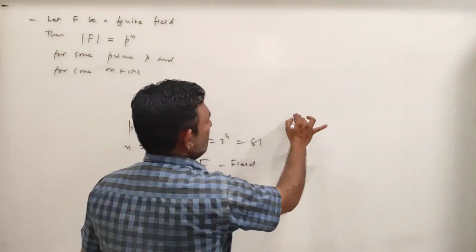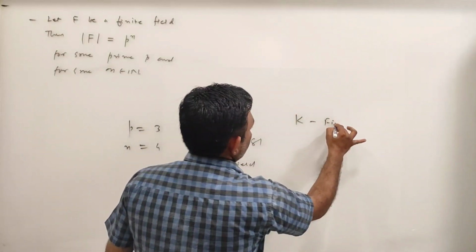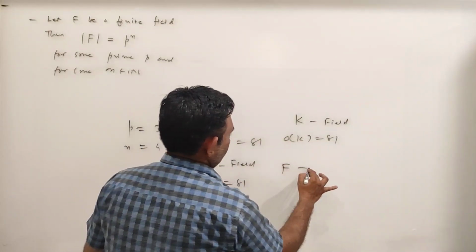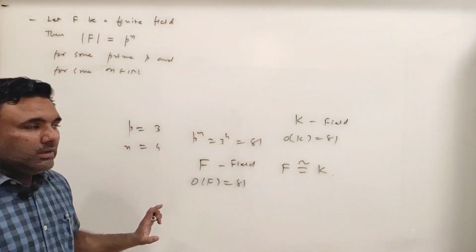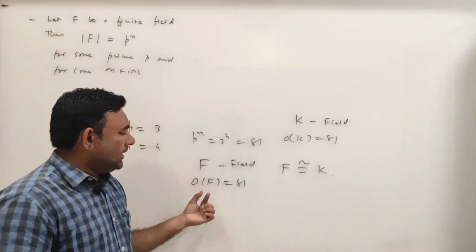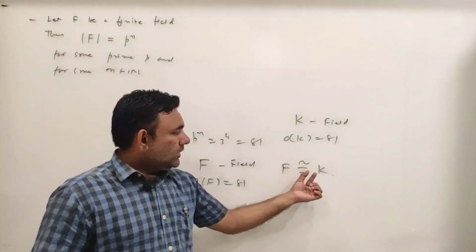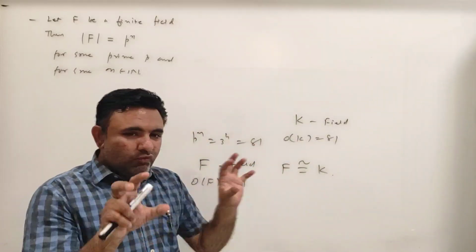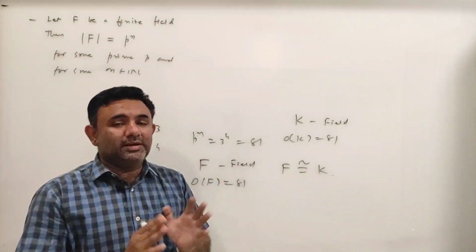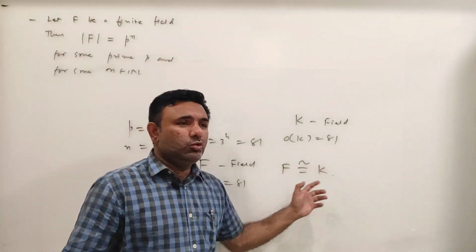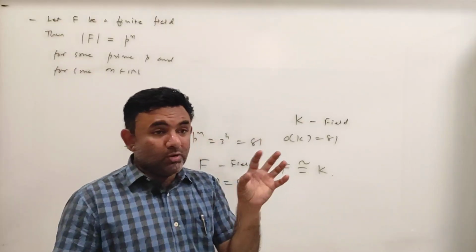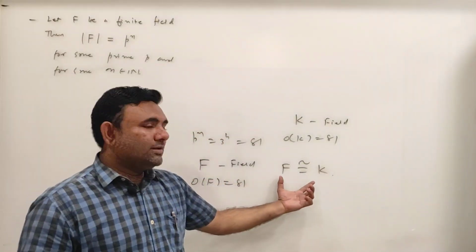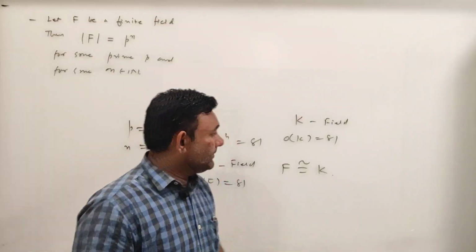And suppose you have another field, say K, and K is a field and the order of K is also 81, then you can claim that F will be isomorphic to K. मतलब ये F में जो एलिमेंट है, suppose F में मेरे पास पॉलिनोमियल है और K में suppose I have some matrices, right, then उसका जो फॉर्म है वो डिफरेंट है but they are algebraically same, right. So F will be isomorphic to K. वो दोनों सेम ही है, सिर्फ उसके जो एलिमेंट्स का फॉर्मेट है, उसके नोटेशन है, they are just different but they are same algebraically. So that is in the isomorphic sense, right.